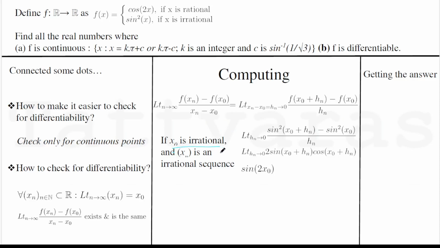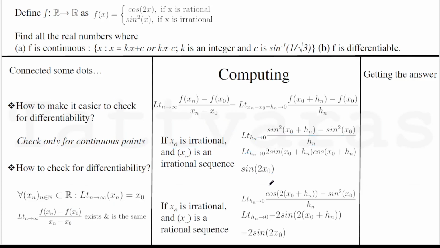Suppose it's irrational and you have any irrational sequence going to that point, then you would want this limit to exist. But the numerator is going towards 0 and the denominator is going towards 0. So you can use L'Hopital to get this, basically differentiation of this. And then you take the limit going to 0 and you would have this.